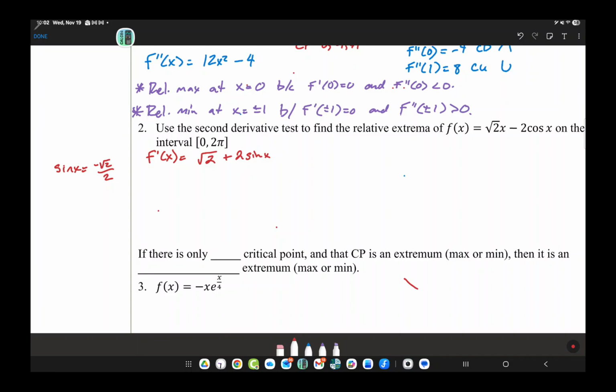It is over 4, because that root 2 over 2 is over 4. But if it's sine, where is sine negative? The third and fourth quadrant. So that would be what? 5 pi over 4 and 7 pi over 4.